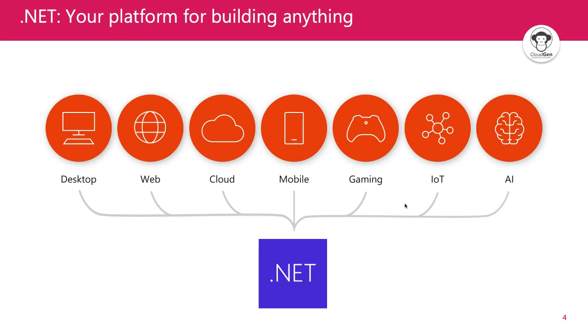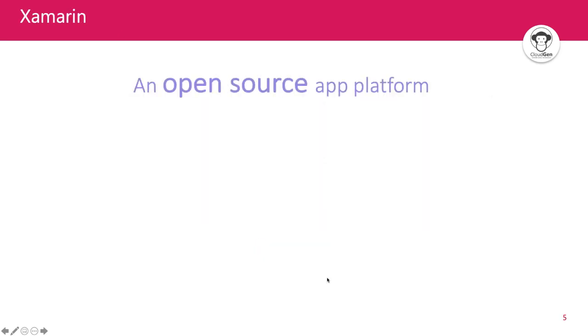You can also use .NET to develop video games with Unity and C#, IoT applications, and of course, artificial intelligence with ML.NET. But today we are going to focus our attention in mobile applications using, of course, .NET.